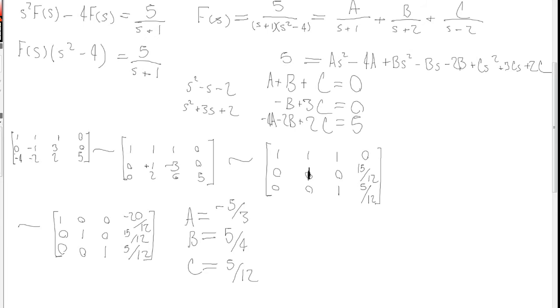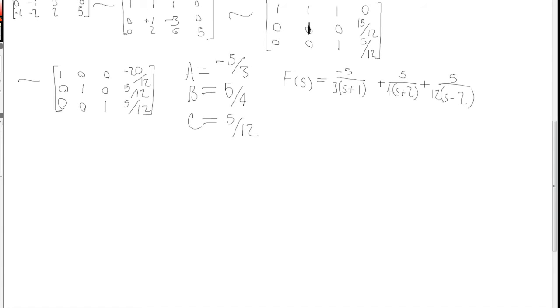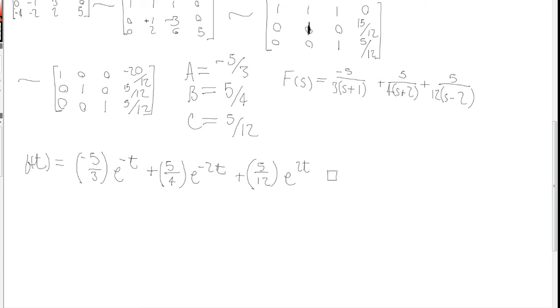We have that F(s) is equal to... the Laplace inverse of this whole expression is the Laplace inverse of those individual expressions because of the linearity of the Laplace transform. And I think it can even be considered a homomorphism, and this is our answer.